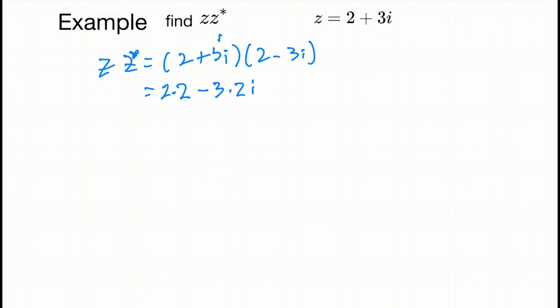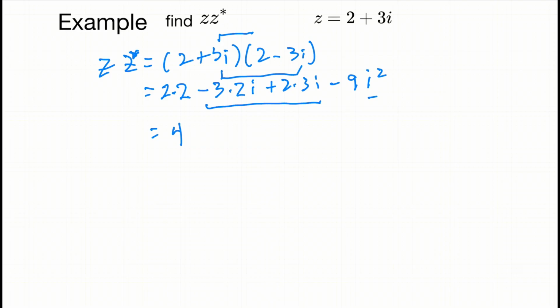The inner, which is these two right here, is going to be plus 2 times 3i. And then the last, which is these two right here, is 3 times 3, that's minus 9i squared. Okay, so we can simplify this. These two terms drop out because it's plus and minus the same thing. So we're going to get 4.